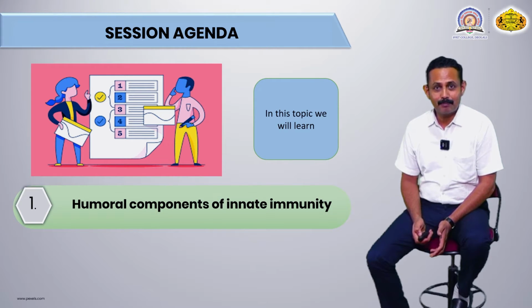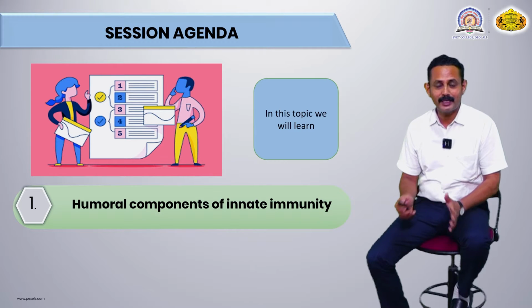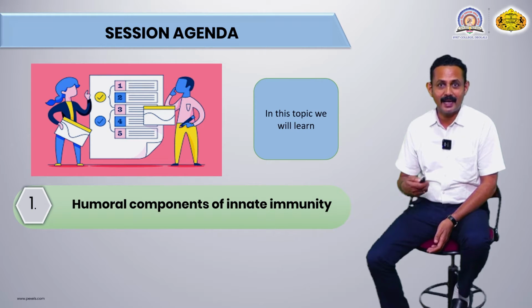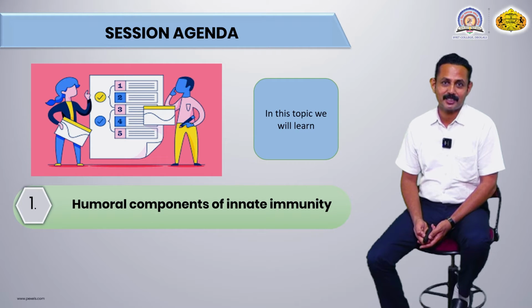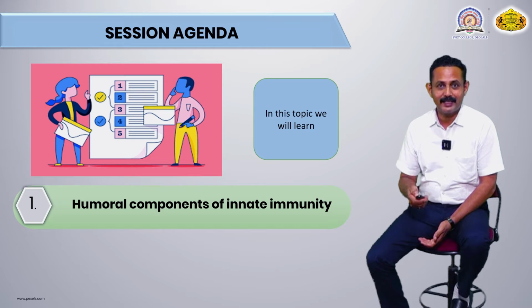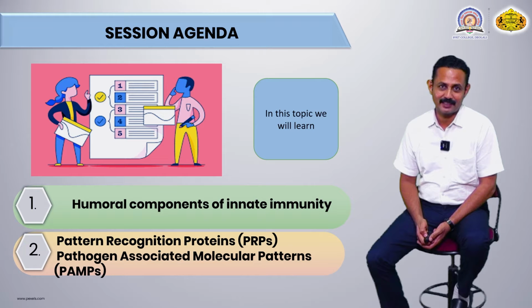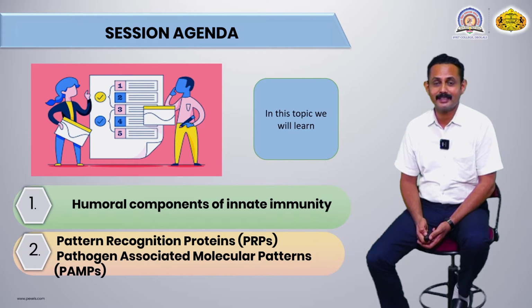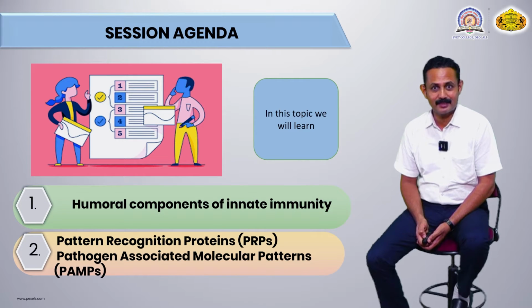These components work for different purposes, but they give an additional advantage to that individual by protecting a part or the whole body against attack by infections. In previous sessions, we have seen that innate immunity works at the physical and mechanical barriers, which is commonly called the first line of defense mechanism.